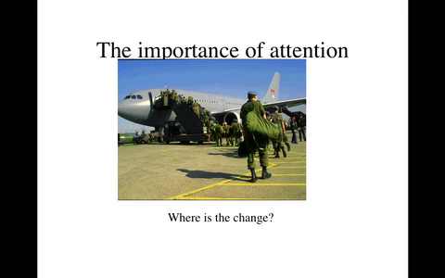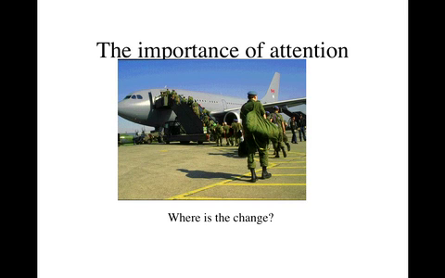And as we showed from various other examples, this can happen if you present a mask in between, a gray screen, or even if you just flash something on the screen at the same time as the change, as long as you don't have the transient cue, so a motion cue. So if you just show a picture and then immediately show a different picture with the change, you will spot the change.